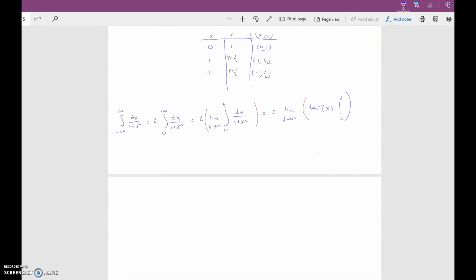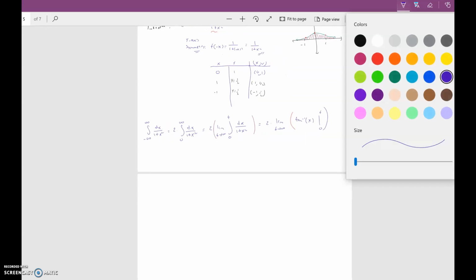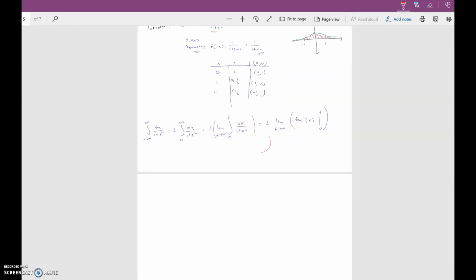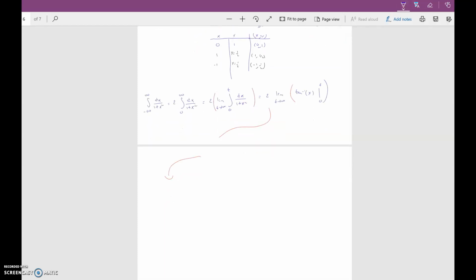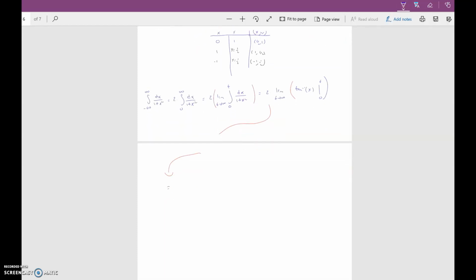Okay, so let me plug in the values and evaluate those last limits. So we're looking at 2 times, and let me put parentheses, well, actually this is still the limit as t approaches infinity of tangent inverse of t minus the tangent inverse of 0. Tangent inverse of 0 is 0.